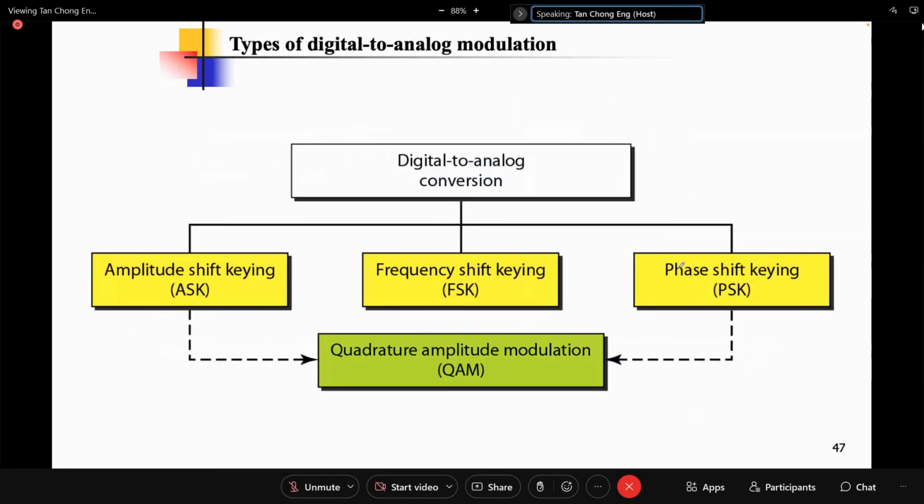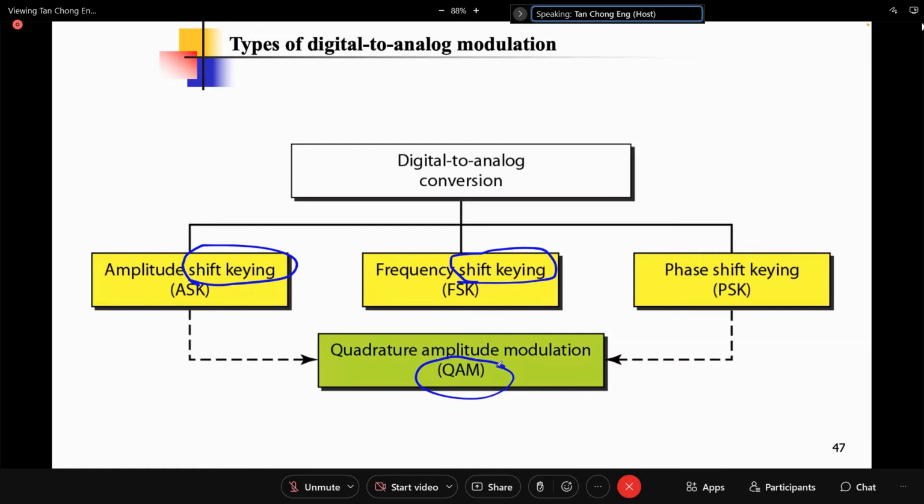All right, so when you are sending computer data, you have digital data, isn't it? When you send computer data into a network, the process is called digital to analog conversion. And the technique always comes with the words shift keying. When you see the words shift keying, this is a technique used to convert digital data to analog. Another one that is more popular is called QAM, Quadrature Amplitude Modulation.